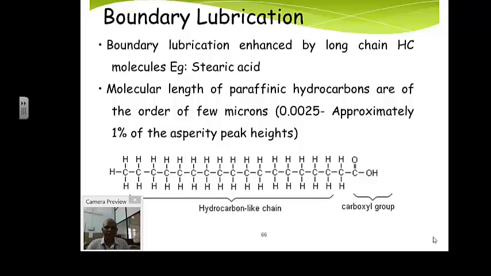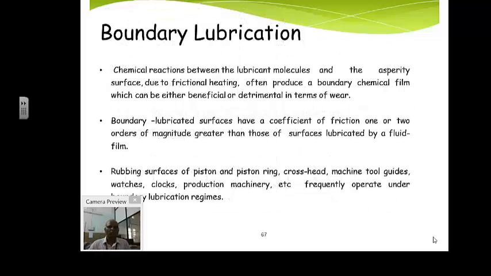These hydrocarbon chains stand out like the bristles in a carpet and hence separate the surfaces. The free end can oscillate from its position, and they perform the function of a lubricant. Sometimes there will be chemical reactions between the lubricant molecules and the material of the surface.